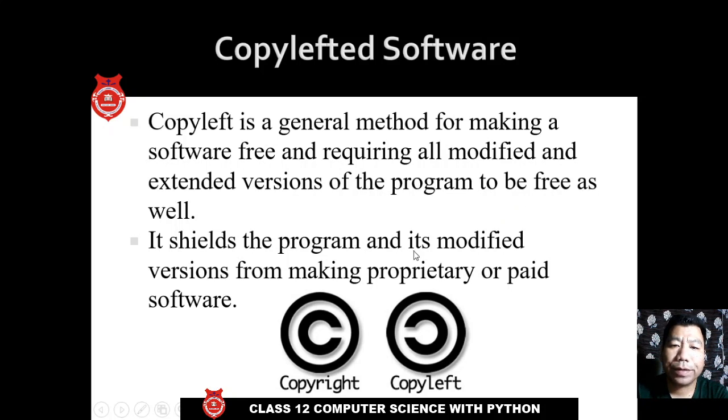It prevents the program and its modified versions from being made into proprietary or paid software. So in brief, copyleft software is the opposite of copyright software. As per copyleft, the software should be made free, and if you modify it or create a new version, that new version should also be copyleft. You cannot charge money or anything like that. So that is copyleft software.